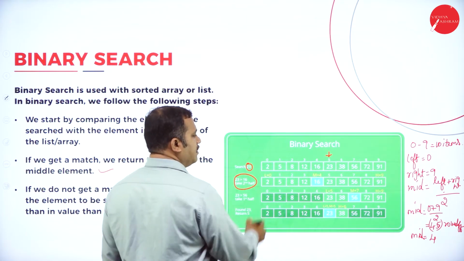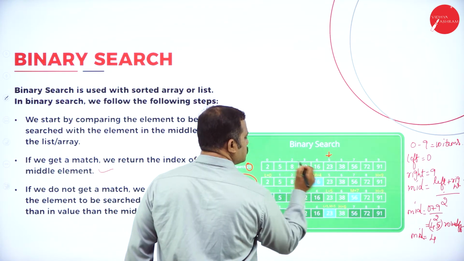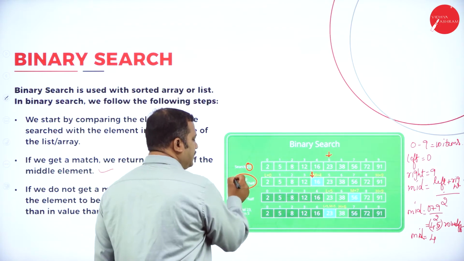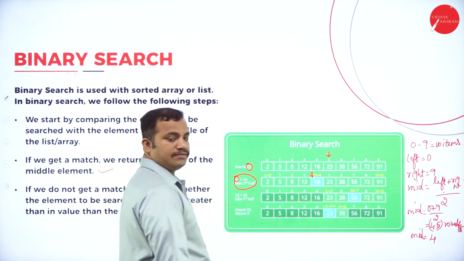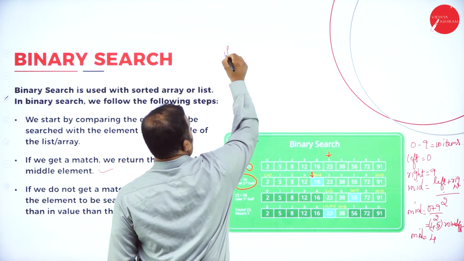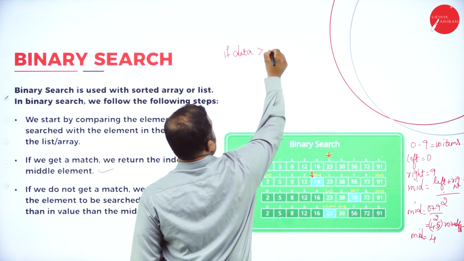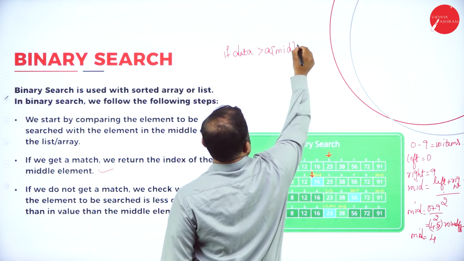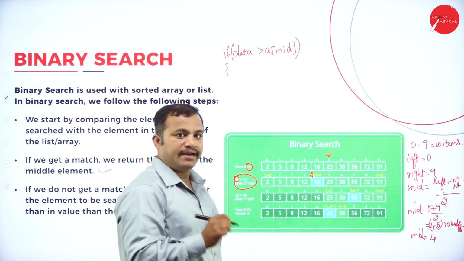I will get the mid value here at this position. Then in the second iteration, I will check whether data, that is 23, is greater than 16, greater than A of mid. If data is greater than A of mid, what has to be done?